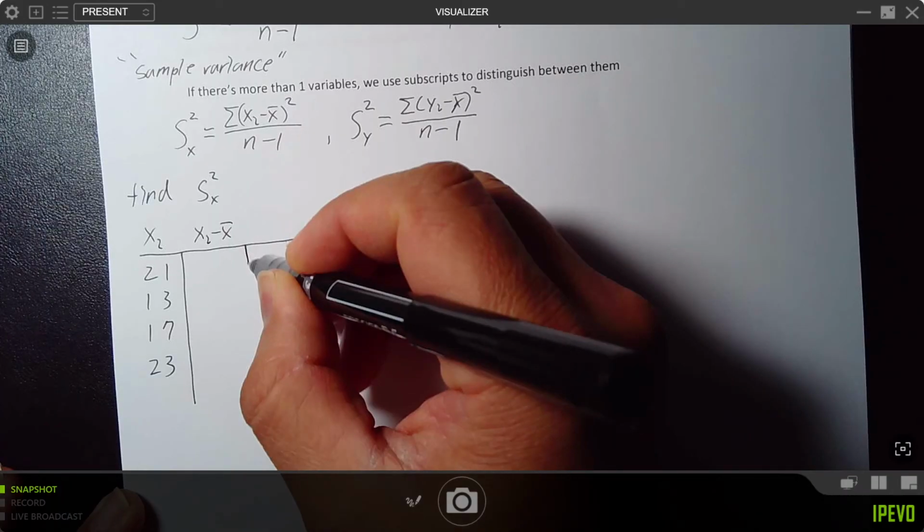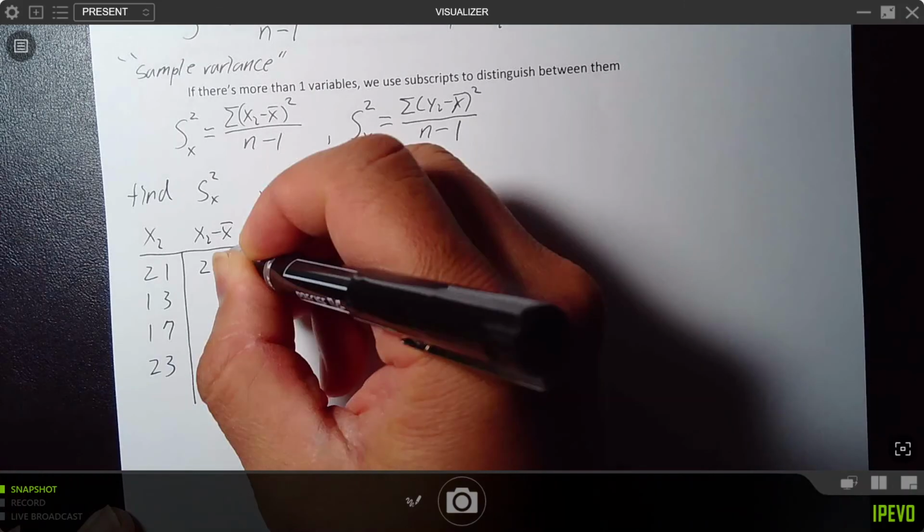So you need to find x bar first. I already did that earlier, but you would just do it on the side in the calculator, and you will find 18.5. That's x bar. Now you simply take each of them: 21 minus 18.5, 13 minus 18.5, and so on. If you did that correctly, this is what you will get.